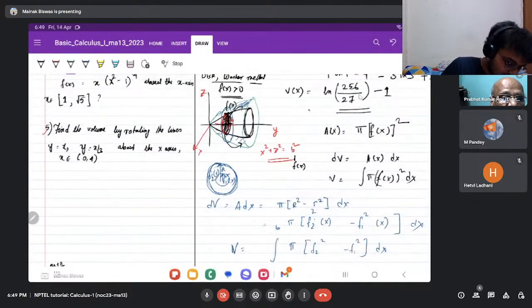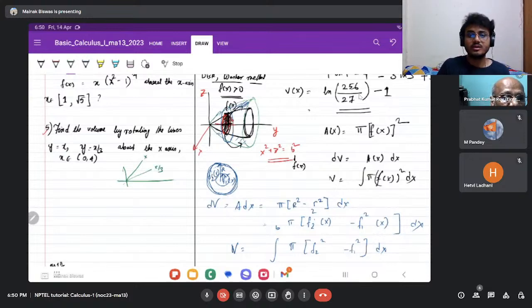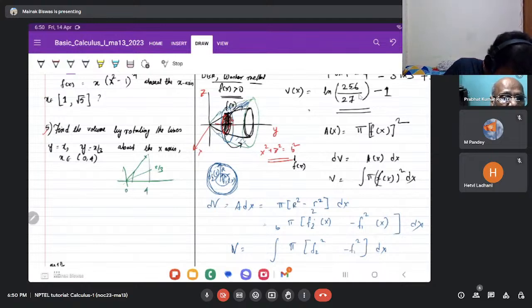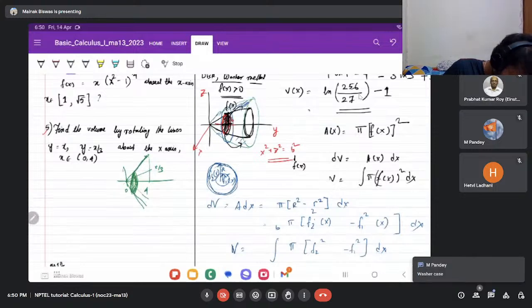We are finding the volume by rotating the lines y is equal to x and y is equal to x by 3 between 0 and 4. Do you agree you will get some volume like this? It's very difficult to draw by hand, but still we'll try.